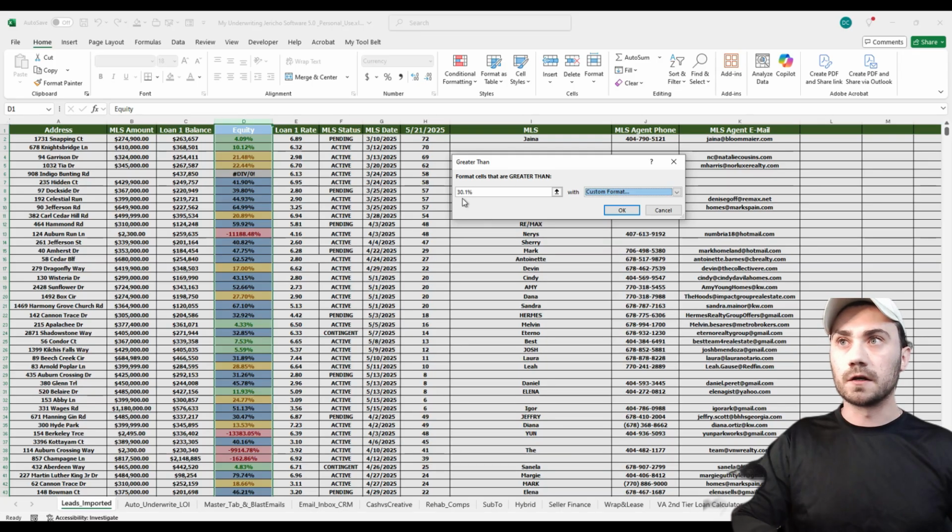So we're going to highlight these cells that are greater than 30.1% equity as blue, just so that we are aware when we are looking at our data set that we're going to have selective tiers of properties that are going to be good candidates for a subject to, good candidates for a hybrid transaction, and then the ones that are highlighted here in blue, maybe these properties, instead of writing an LOI to that listing agent or seller, maybe you just send out an email campaign to these individuals and just ask them nicely if they have a property that they would be willing to entertain for a generous cash offer, which might be anywhere between 70 or 80% of current market value, or maybe they would be open-minded to a creative finance offer.